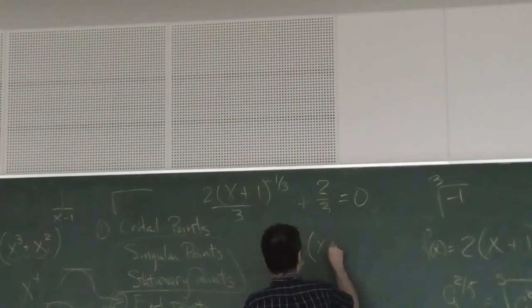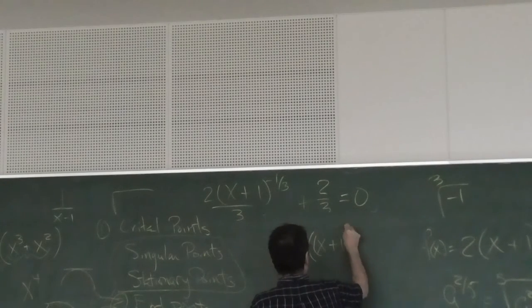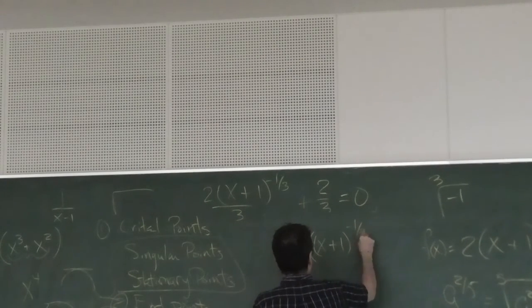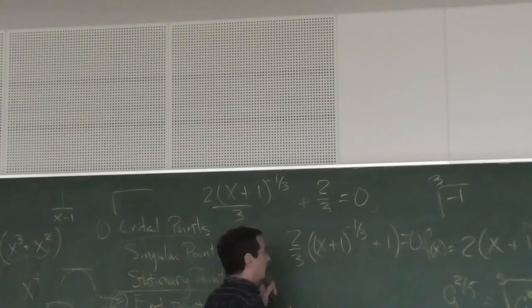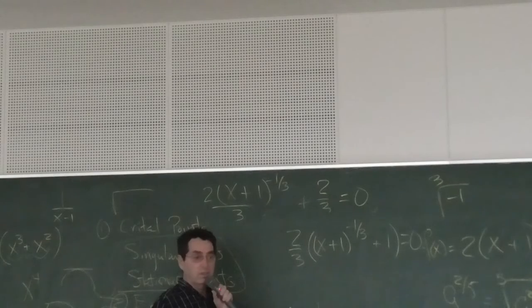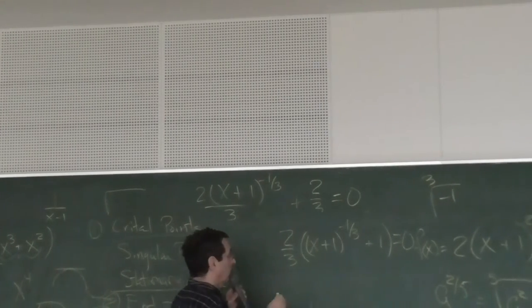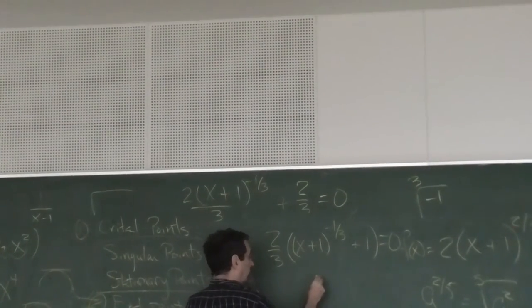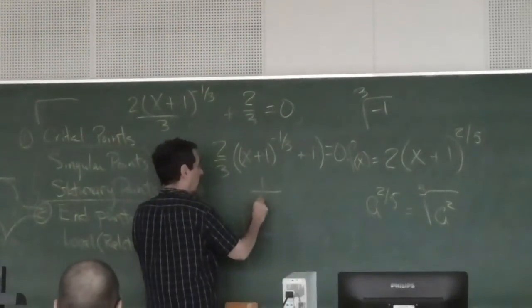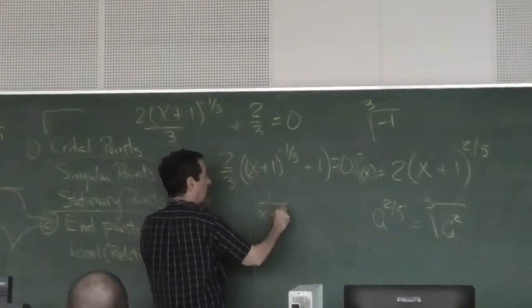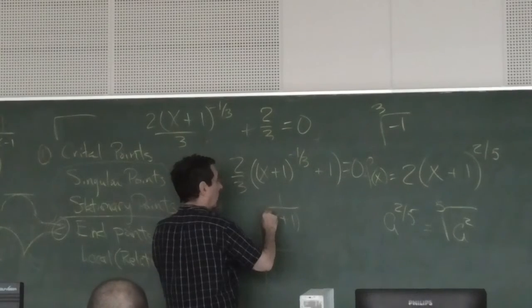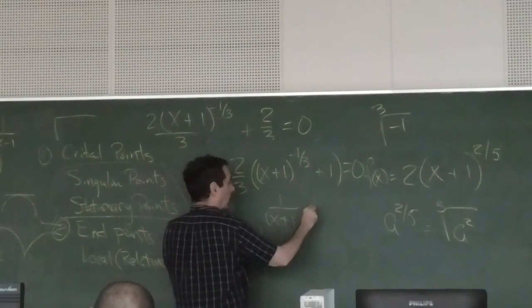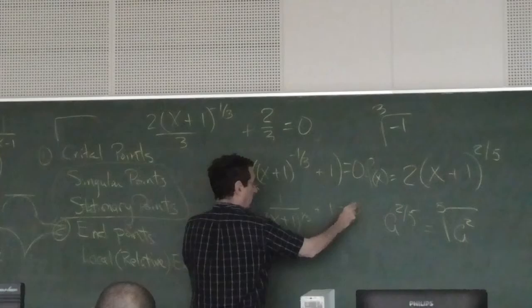I'm not sure. x plus 1 to the negative 1/3 plus 1 equals 0. Is that going to help or not help? Maybe. So we can ignore the 2/3. Right? Okay, so now we have 1 over x plus 1 to the, cube root of that, right, to the 1/3 plus 1 equals 0.